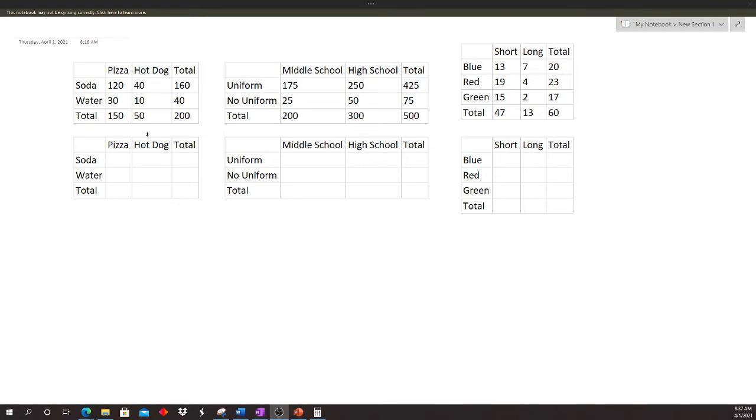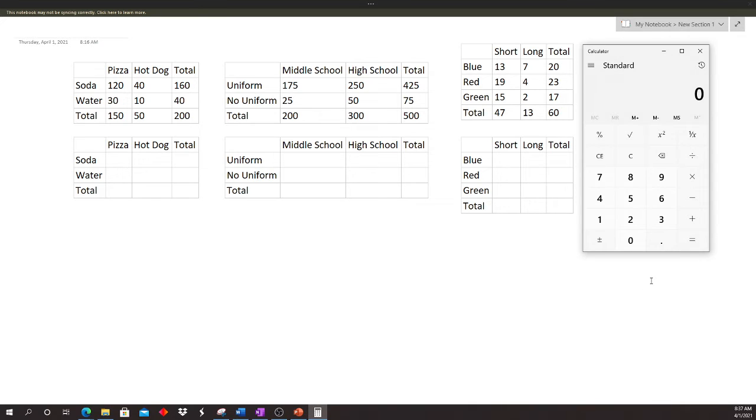So when you are constructing a relative frequency table, as I mentioned, it is relative to the total number of people surveyed. So to construct the relative frequency table, what you're going to do is use a calculator or do it by hand, and calculate the percentage or the decimal of each of these boxes. So for instance, there were 120 people that ordered soda and pizza out of a total of 200.